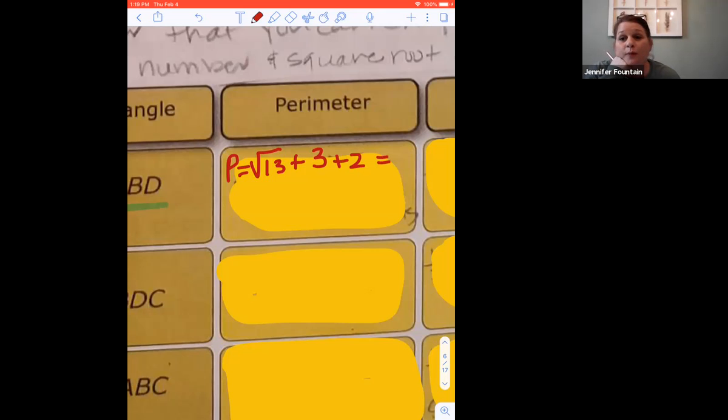Now remember, when I have a radical, I can only add it together with other radicals that are exactly the same. So there's nothing I can really do with my radical, but I can combine 3 plus 2, and 3 plus 2 is 5. And then I'm just going to leave this as 5 plus the square root of 13.